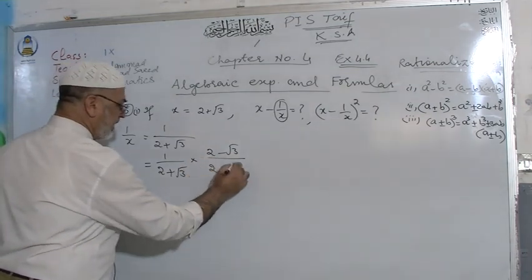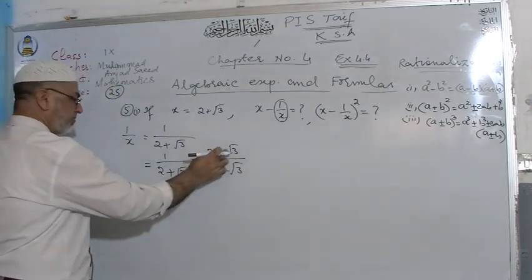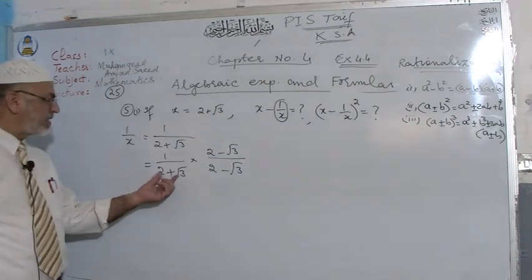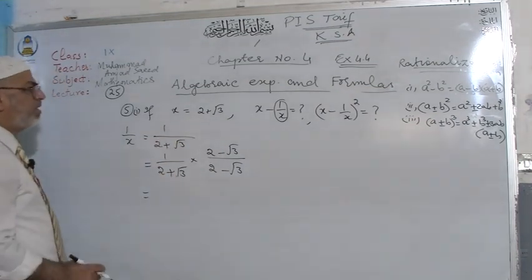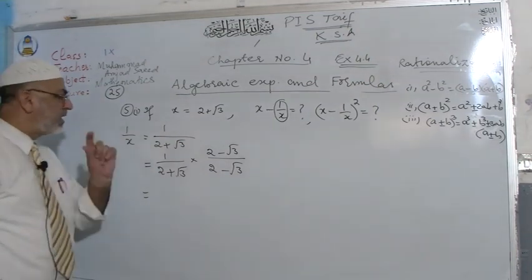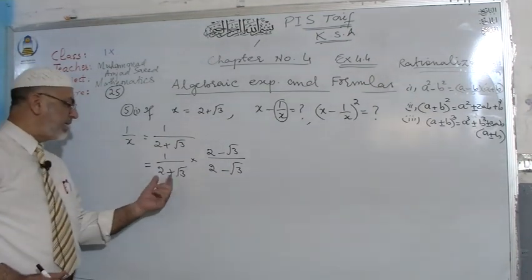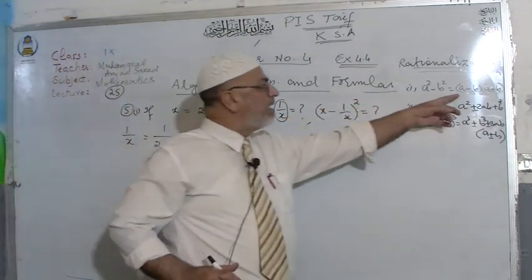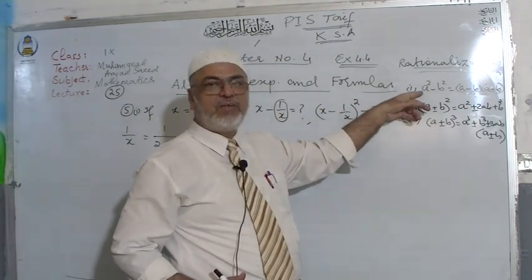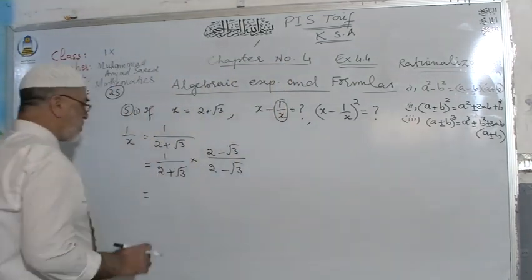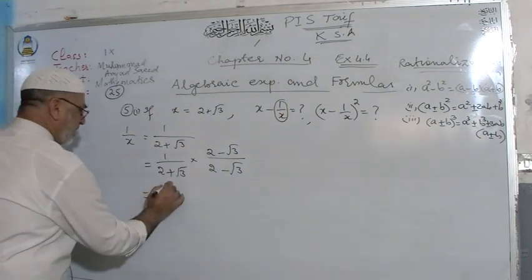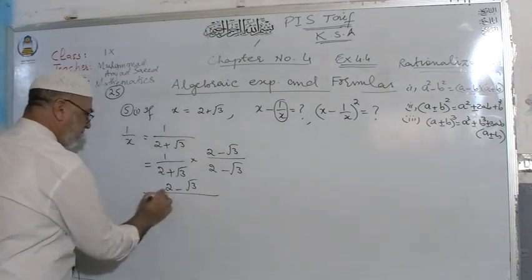That will be 2 minus root 3. Basic concept is we want to get in the denominator a plus b, a minus b, and we will have this formula. We will apply this formula and the radical sign will be finished. So this is multiplied by 1 over 2 minus root 3.